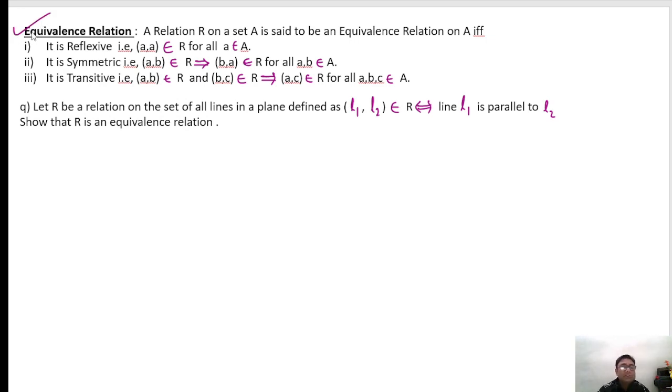What is equivalence relation? If your relation is reflexive, symmetric and transitive, then we can tell it is an equivalence relation. Okay. So let's check on this.